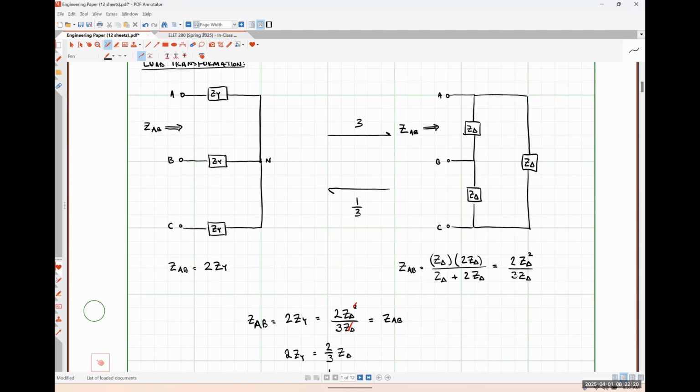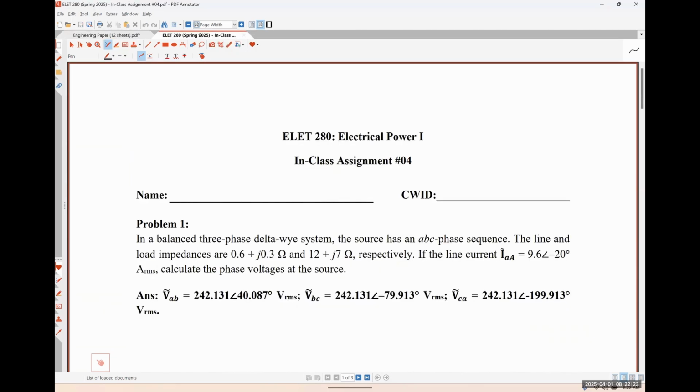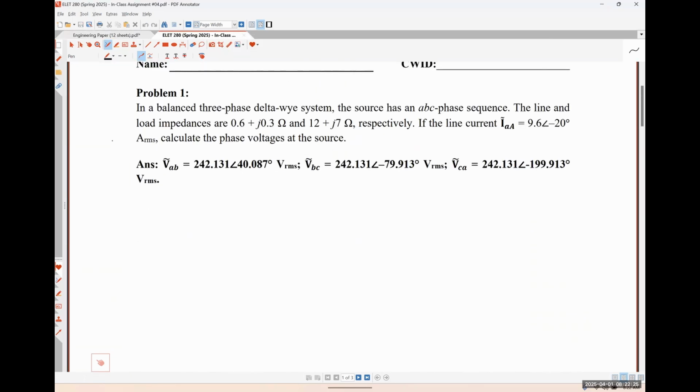So let's put this into practice by looking at our in-class assignment, okay? So in this first problem here, we have a balanced three-phase delta Y system. Just as a heads up, I think I've mentioned this before, but I want to be super clear about it. Whenever I have a something something system, the first something is the source and the second something is the load.